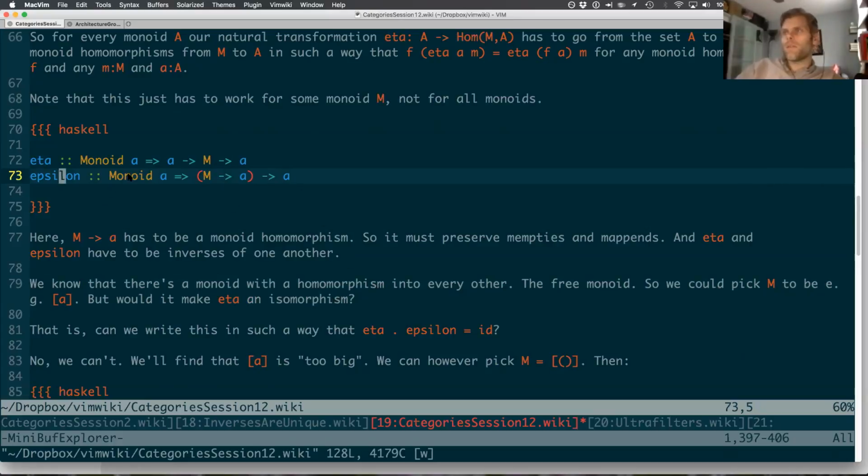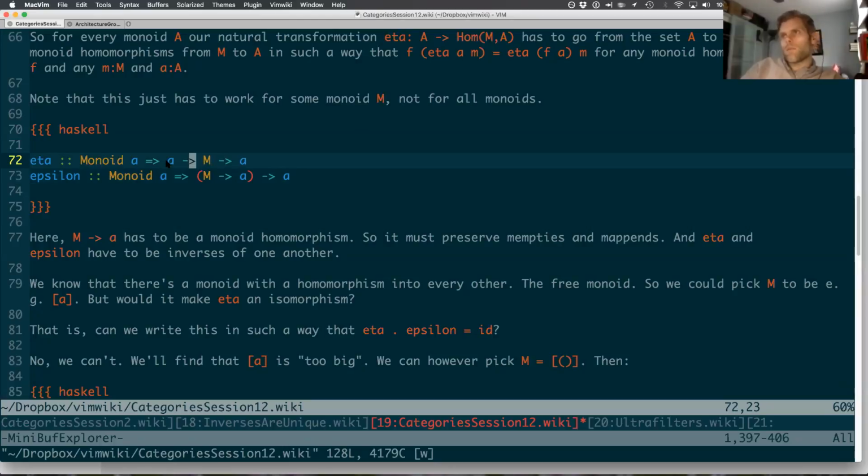Because if you think about epsilon, how would you implement epsilon? What would you pass as the argument to this function? If M was a list of A, how would you construct the list of A? Well, it would have to be either a list of mempty, or some arbitrary long list of mempties, or it would have to be the empty list.